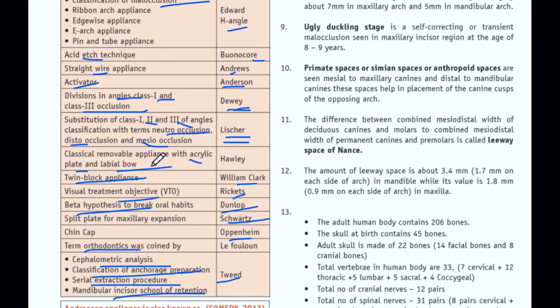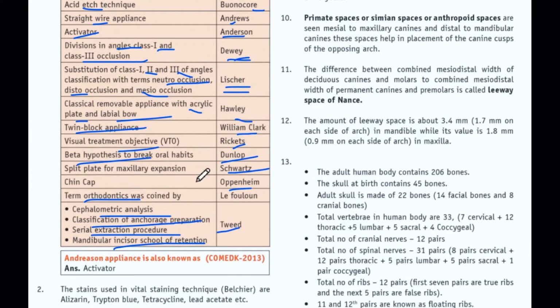Lisher introduced few more terminologies for class 1 as neutro-occlusion, class 2 distal occlusion and class 3 mesio-occlusion. Hawley introduced classical removable appliance with acrylic plate and labial bow. William Clark introduced twin block appliance.